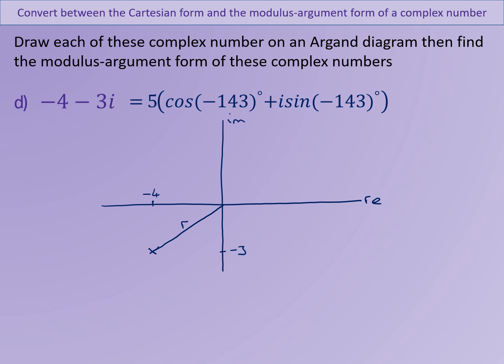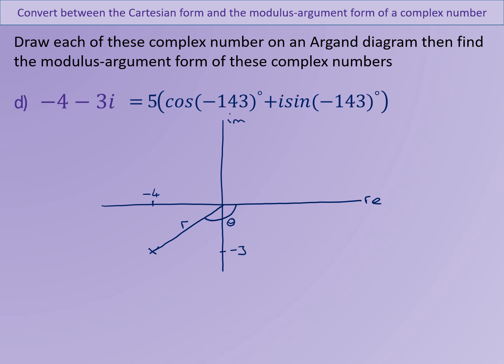So we've got R. Now, sometimes a question will ask you to give the argument between -180 and plus 180. That's what we're going to do here, which means that the angle we're going to find is actually going to be negative because it's below the real axis, it's going clockwise. However, just be aware that in some exam questions, they might define the argument as being from 0 to 360.